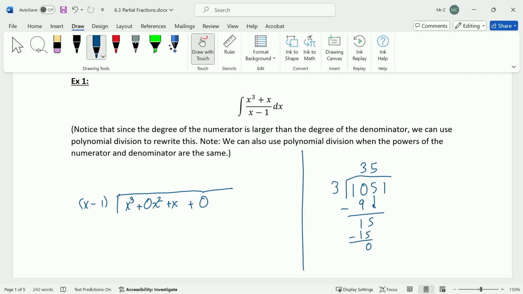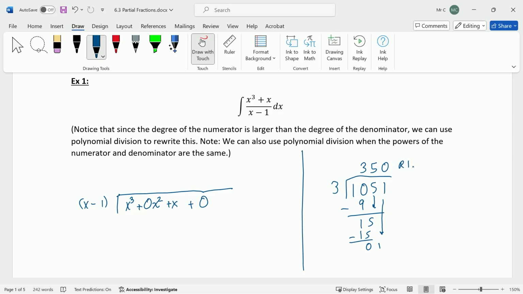So I've removed 150 of that, and now I drop this one down here. And I can't put 3 into 1 at all. So I get a 0 there, and I have a remainder of 1.